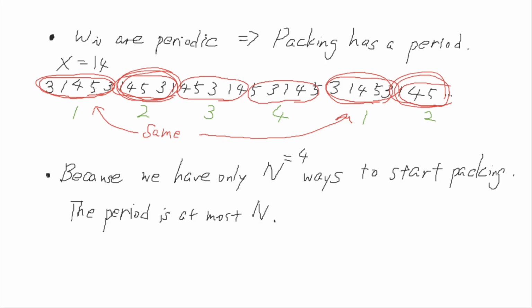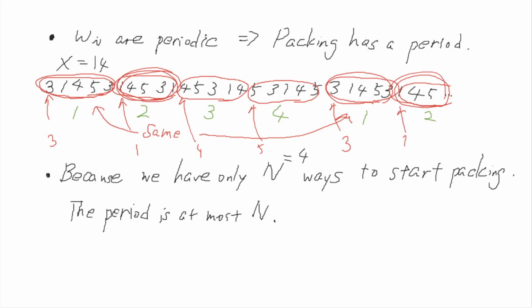That's because we have only four ways to start packing. If you pay attention to the first potato in the box, this is 1, this is 4, this is 5, this is 3, this is 1.